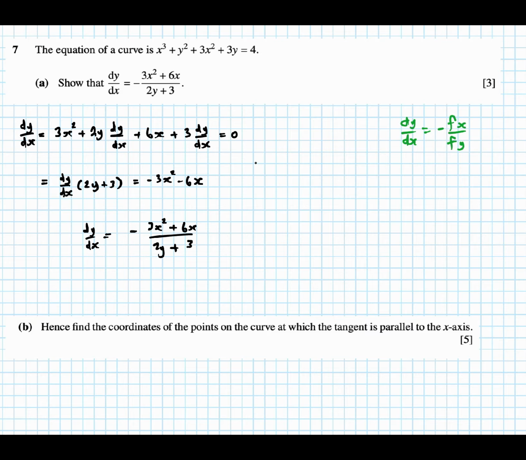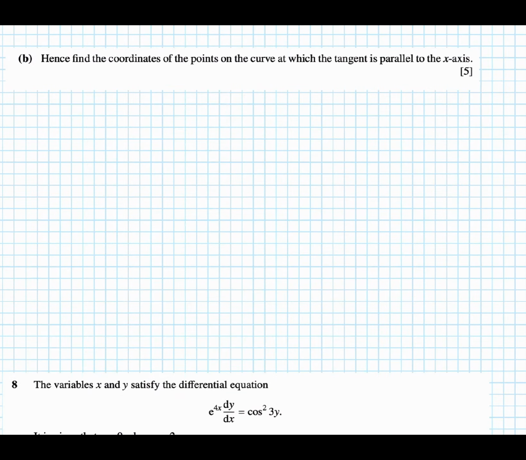Divide your 2y plus 3 on both sides. Okay, so hence we have dy over dx equals minus 3x squared plus 6x over 2y plus 3.